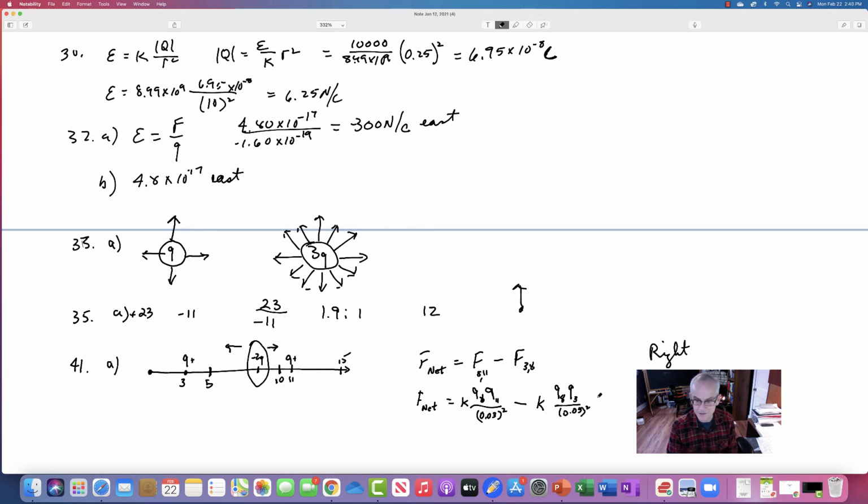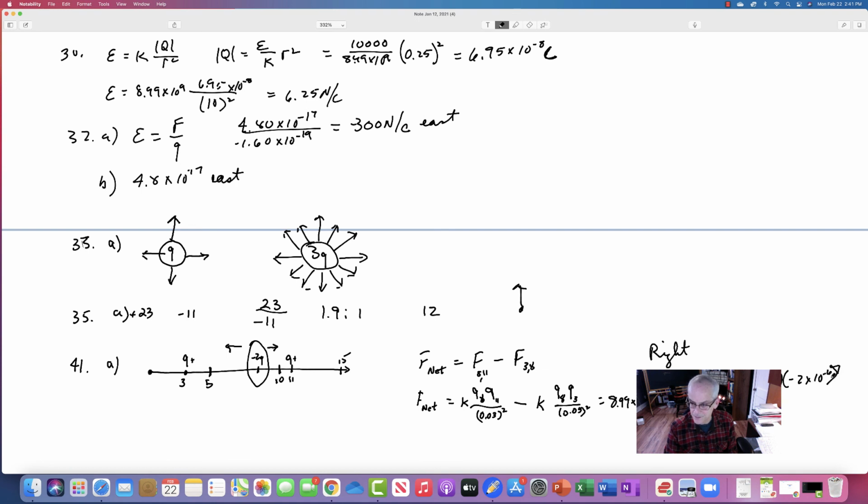So what you end up with is 8.99, which is K, times 10 to the 9th, times Q, which is 1 times 10 to the minus 6, times minus 2 times 10 to the minus 6, over 0.03 squared, minus 1 times 10 to the minus 6 times a minus 2 times 10 to the minus 6.